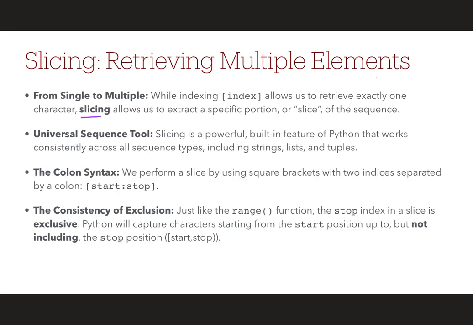For example, today we will study something called a list, and that list also allows slicing or random accessing. If I want to access multiple items, then I need to specify the index for the starting value, and I also need to specify the index for the stop value.